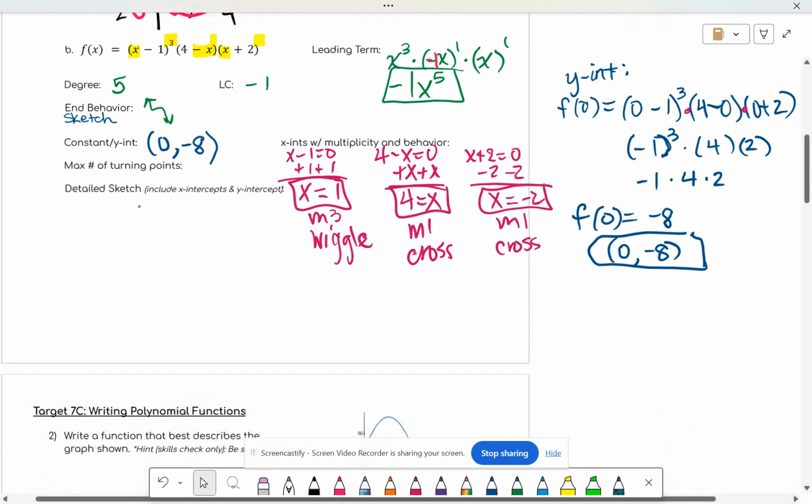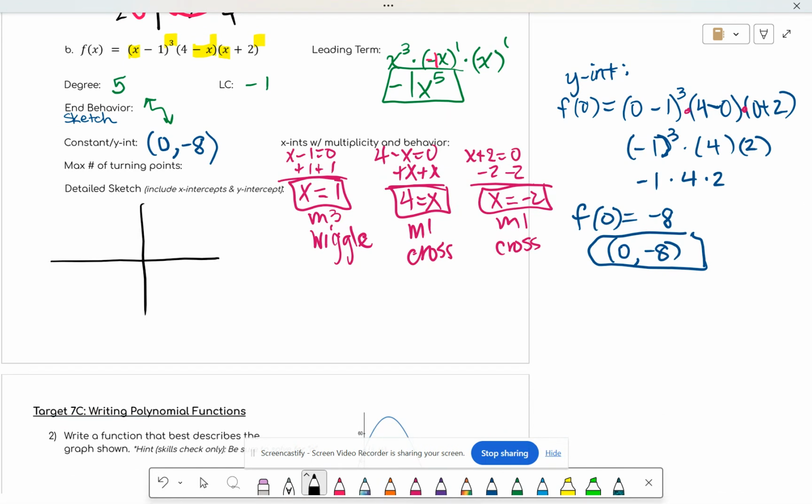So that means for my detailed sketch, I need to go through the graph at negative 2 on the x, 1 on the x, and 4 on the x. And then I need to cross the graph at negative 8 on the y. So I know I'm going to cross at negative 2, wiggle through 1, and cross at 4.